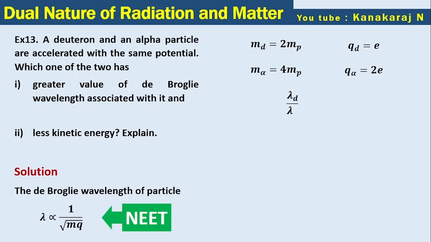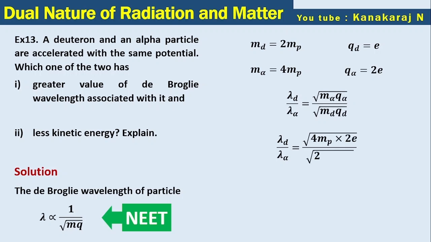So, lambda d upon lambda alpha equals square root of mass of the alpha multiplied by charge of the alpha divided by square root of mass of the deuteron multiplied by charge of the deuteron. So, lambda d upon lambda alpha equals, the mass of the alpha is replaced by 4 times mass of the proton and charge of the alpha is written as 2 times e.